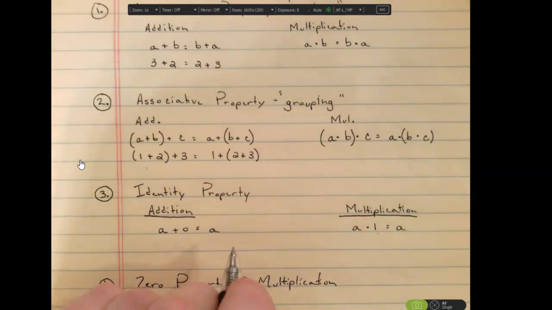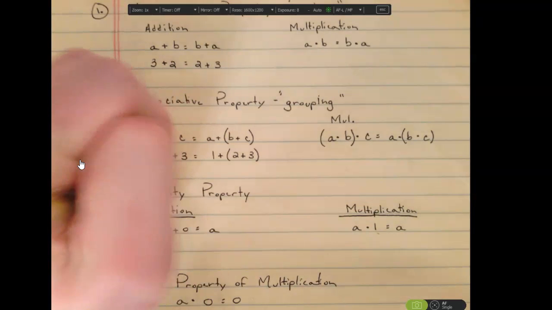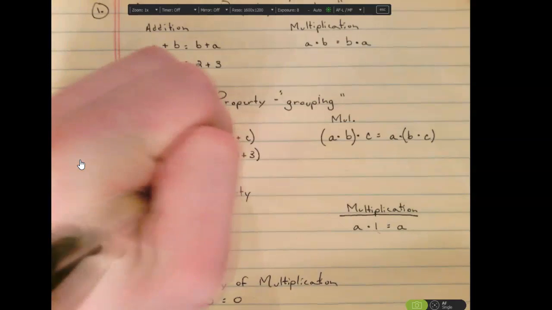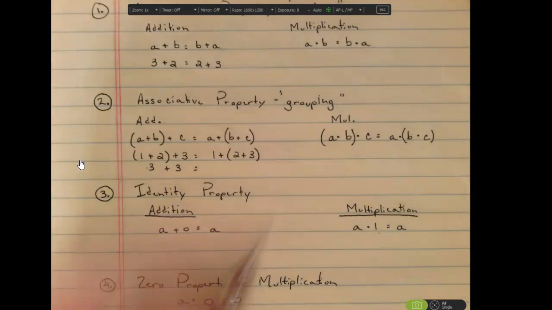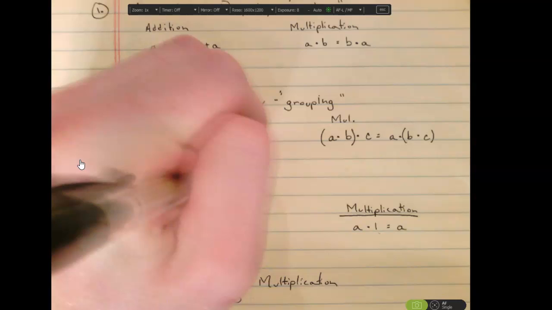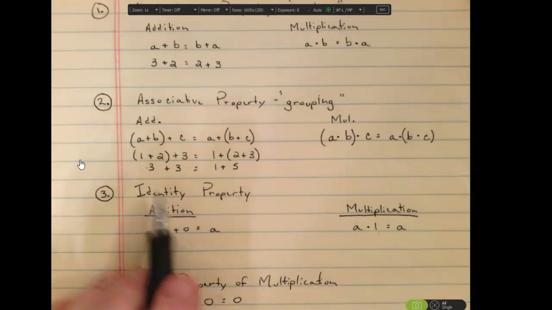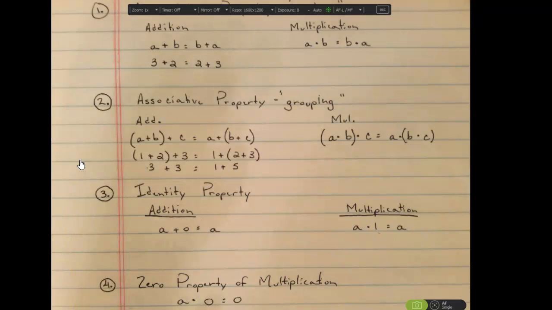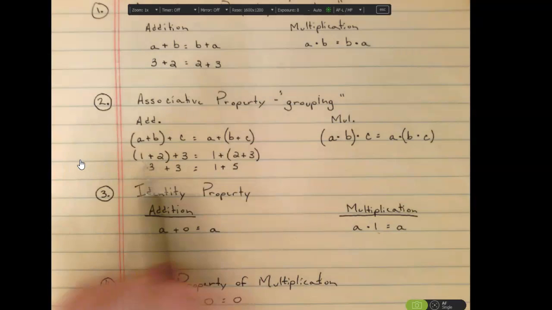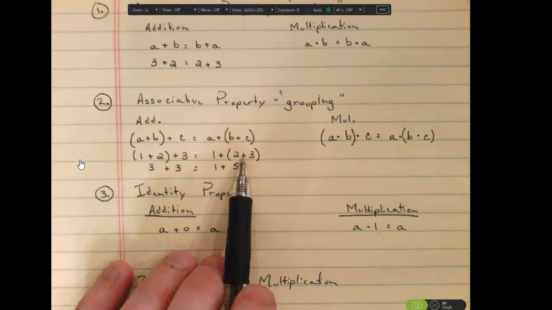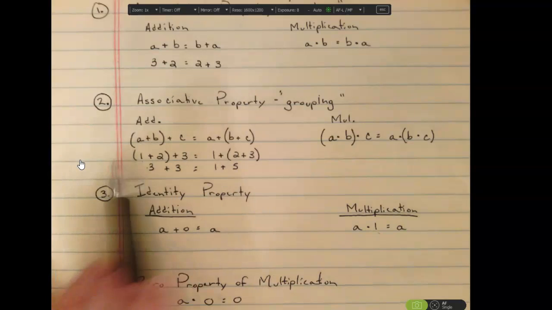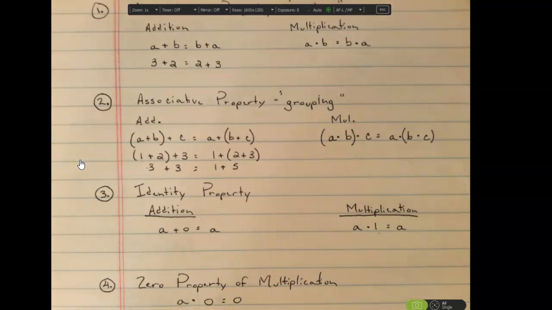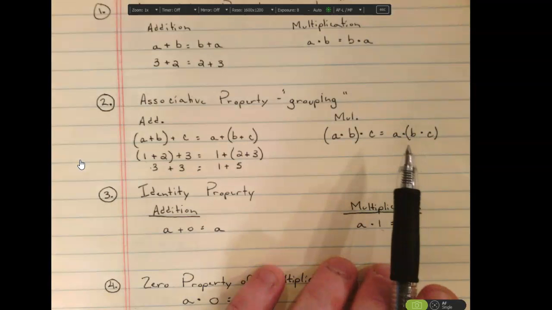So on the left, this is going to turn into 3 plus 3, and on the right, it's going to be 1 plus 5. So 6 is equal to 6. I'm still getting the same answer regardless of which I solve first. With the associative property, I'm just grouping the different numbers that we're adding or even multiplying, okay?